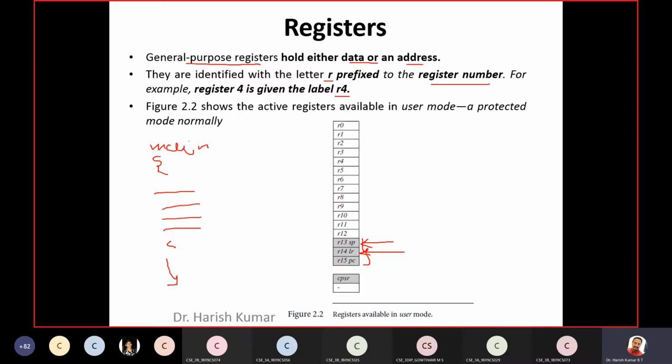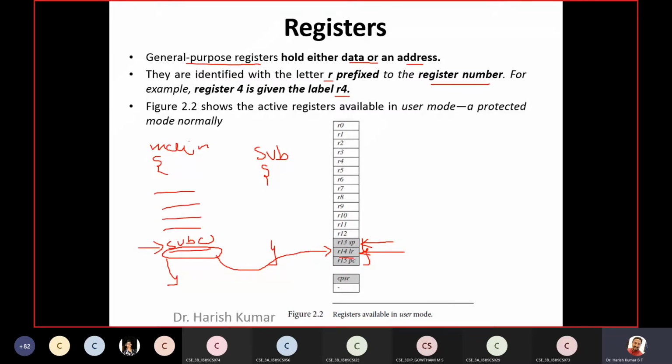From here, I'm calling a subroutine with the name sub. After this there is an instruction, and the definition of sub is elsewhere. When I'm calling this function, before the control goes there, the address of the next statement will be written to the LR register, that is the link register, which stores the return address when a subroutine is called.